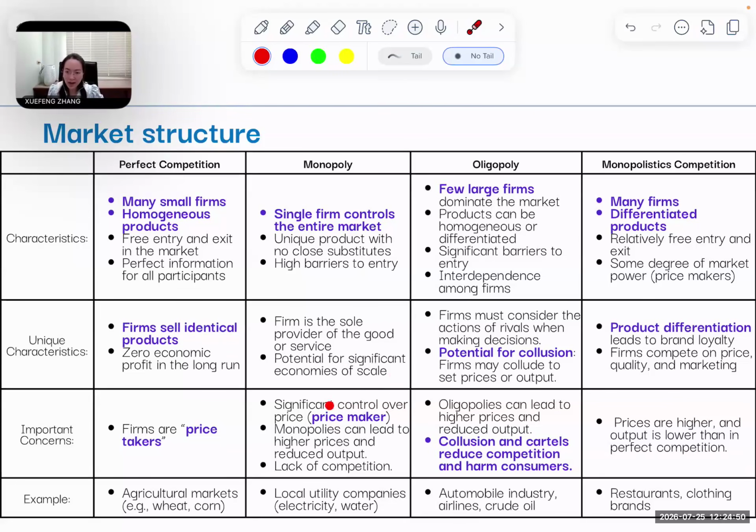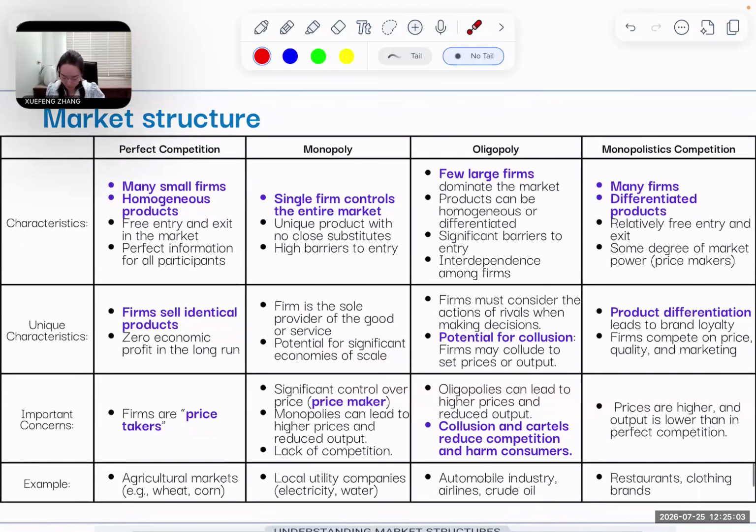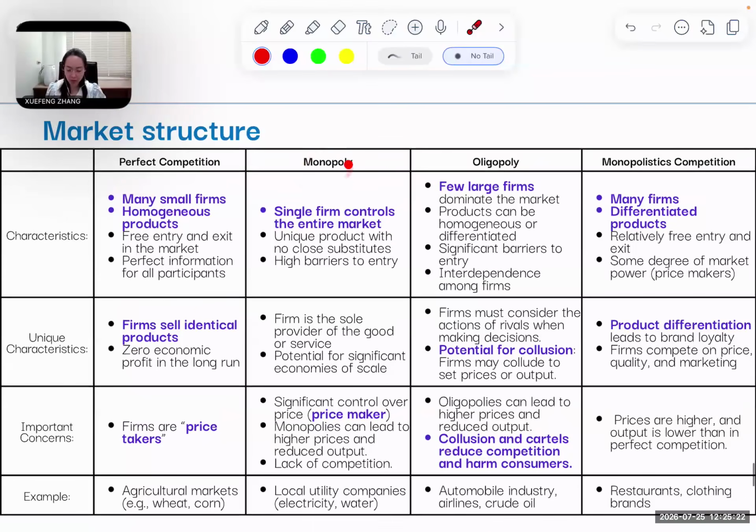You must buy from that company. The firm is the sole provider of the good or service, with potential for significant economies of scale, and is a price maker. Monopolies can lead to higher prices and reduced output, since there's no competition. The local utility companies, the electricity, the water, they are monopolies.